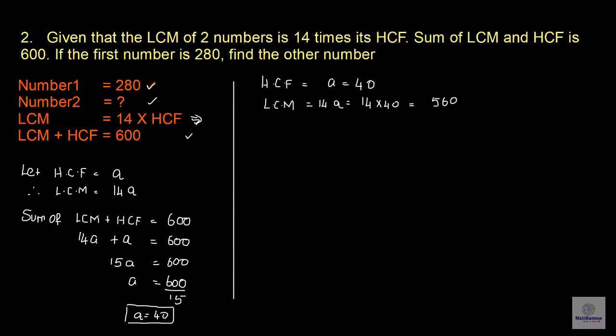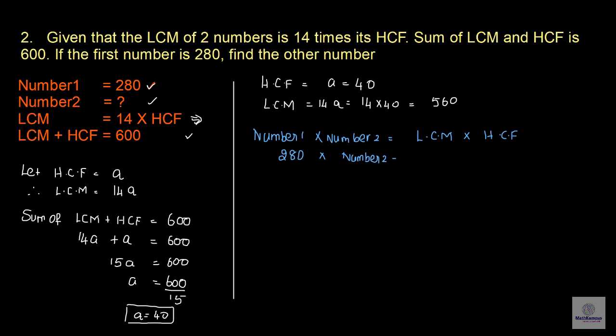Now we will use the relationship between LCM, HCF and product of two numbers. So product of two numbers, number 1 into number 2 equal to LCM into HCF. Number 1 is 280. Number 2, we don't know. We need to calculate that.